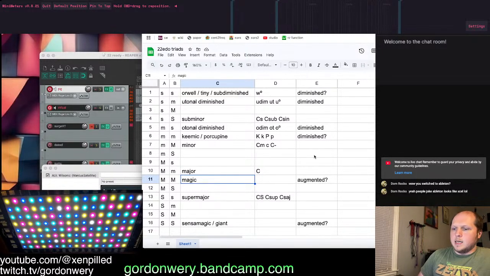So basically, for augmented triads in 12 equal, the inversion of the chord is not that significant. It doesn't change the sound that much. I mean, you still want to consider your voice leading and all that other good stuff, of course, but it's almost like what's happening around it.